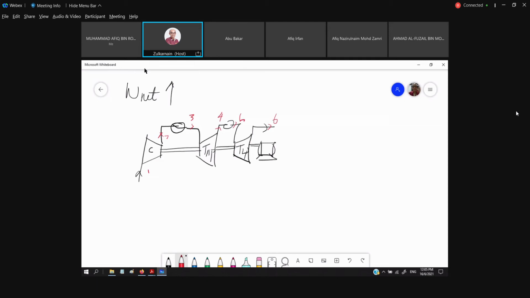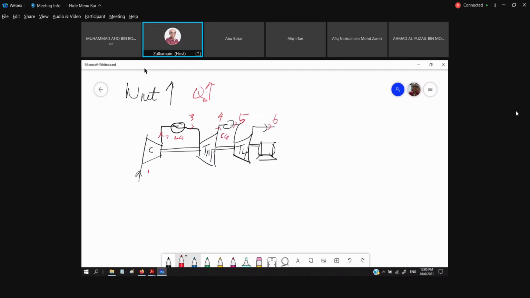This is 5, 6. This is to increase the W net, and at the same time we are also going to increase the Q in. So we have extra Q 4-5. This should be our combustion chamber 1, and this should be our combustion chamber number 2.